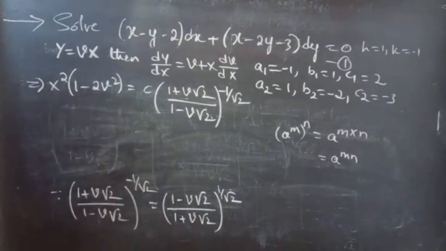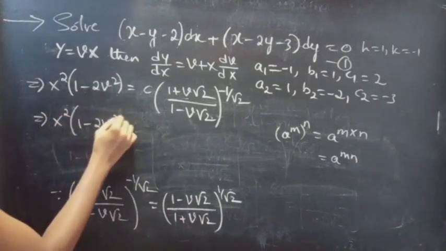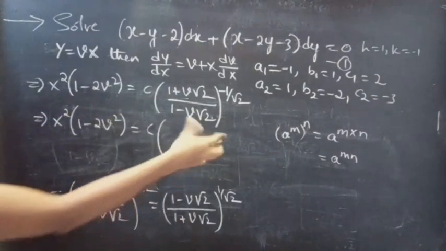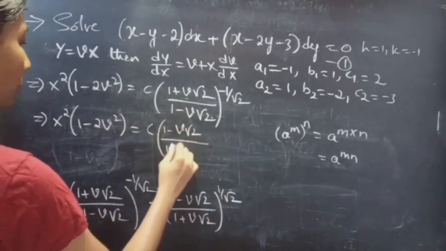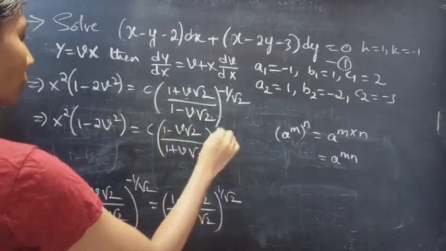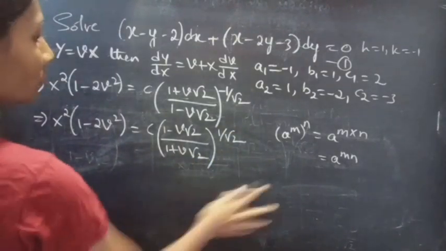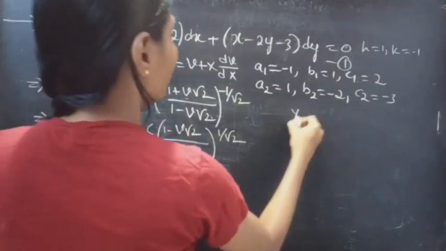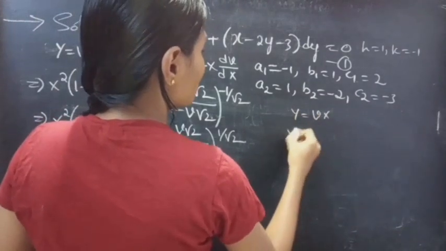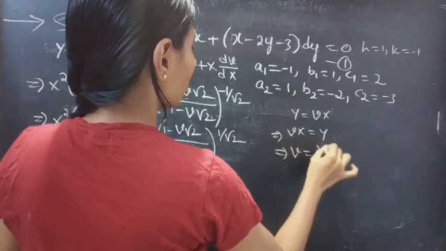So, coming to the solution, this becomes x square into 1 minus 2v square equals c into, replace this by this one, ((1 minus root 2 v)/(1 plus root 2 v)) power 1 by square root of 2. Since we have y equals vx, from this we can write vx equals y, and we'll get v equals y by x.